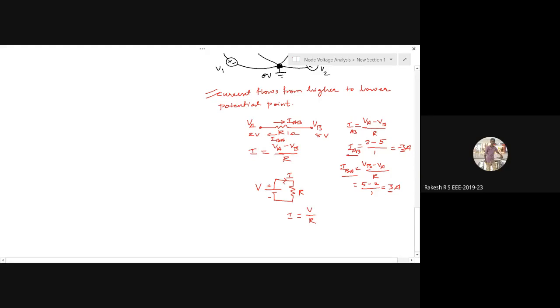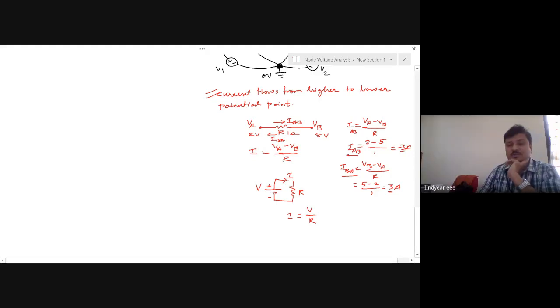Now what is voltage? A potential difference. Potential difference between the positive terminal and negative terminal of the battery. Why is it V? Why is it not V minus something? Because in the battery, the negative terminal is always considered to be at ground.